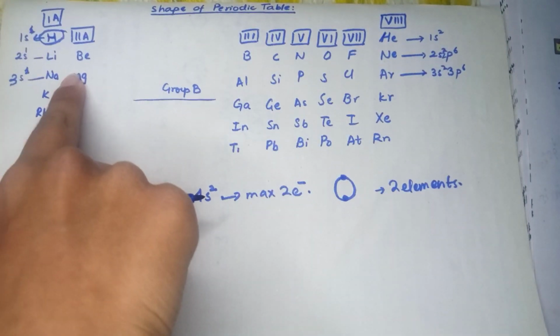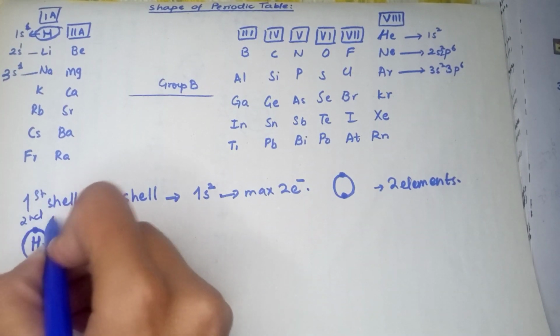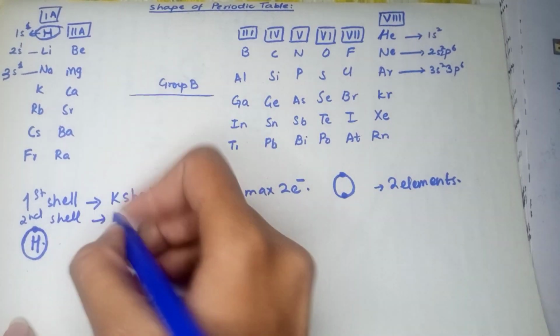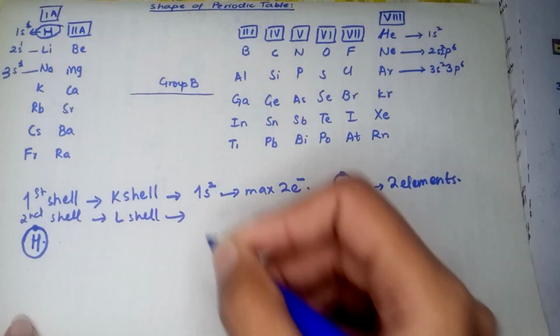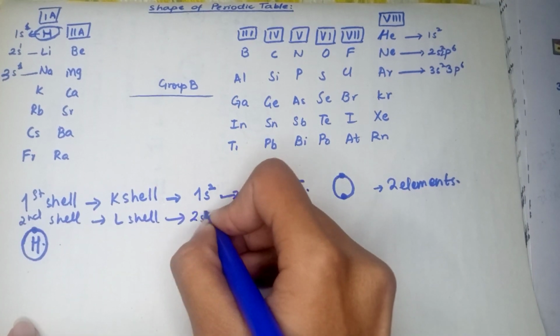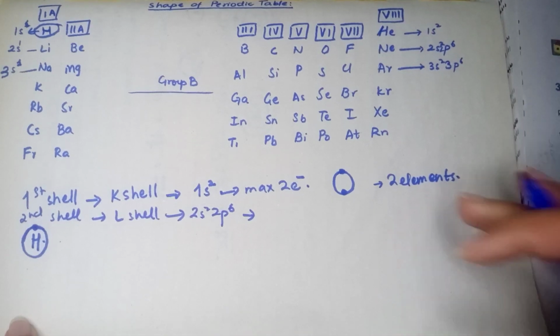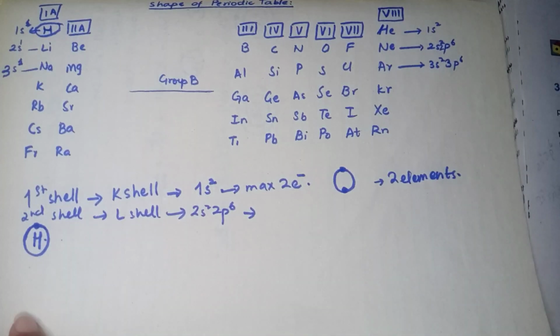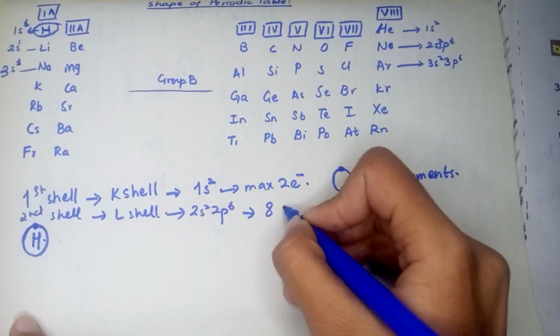The second shell, which is also known as the L shell. What is the configuration of the second shell? It is 2s2 2p6. So how many electrons can it accommodate at maximum? Up to 8 electrons.